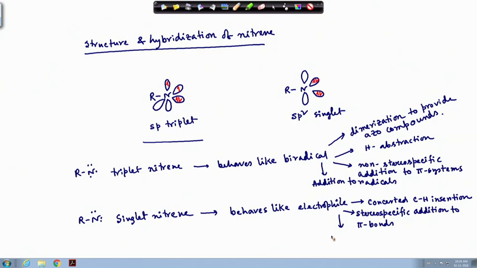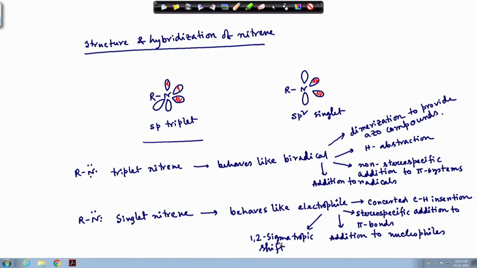So, we can write addition to nucleophiles. Or, similar to carbenes, here also it is possible to have a 1,2 sigmatropic shift. And obviously, this type of sigmatropic shift will lead to different types of rearrangement reactions, which we will discuss in the reactions and rearrangement part of this nitrene.